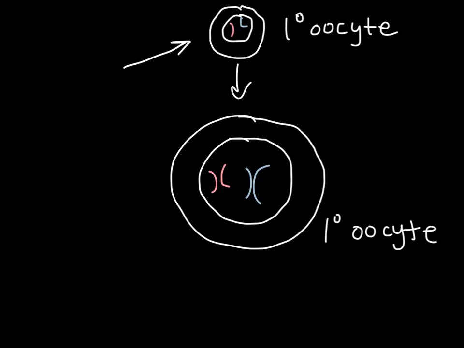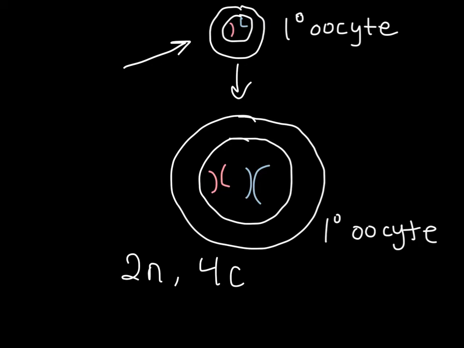So, just to be clear, this primary oocyte is still 2N because we haven't changed the genetic content aside from the fact that there are more copies now. So this is 2N and 4C. We have 4 chromatids represented here.